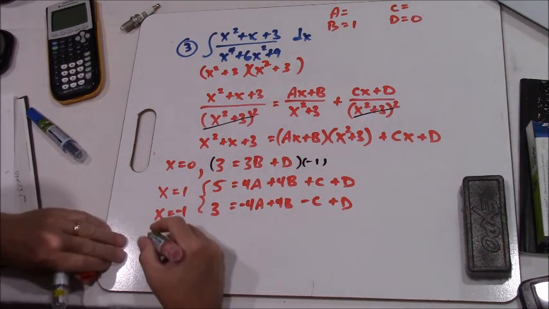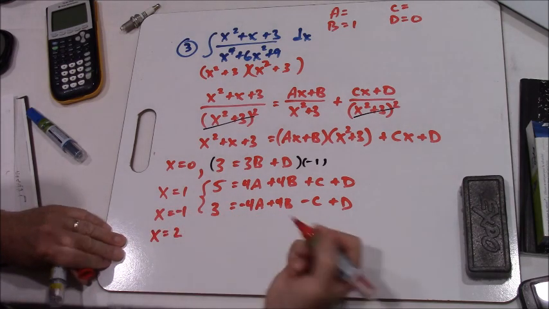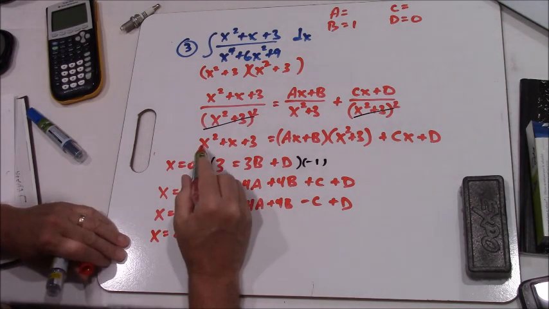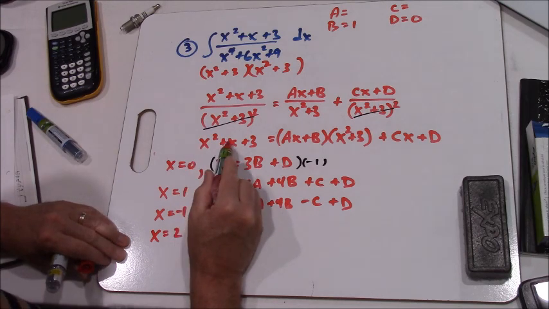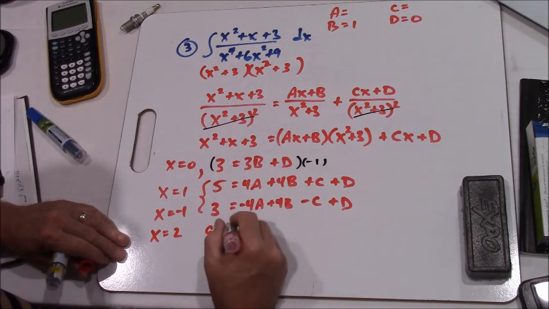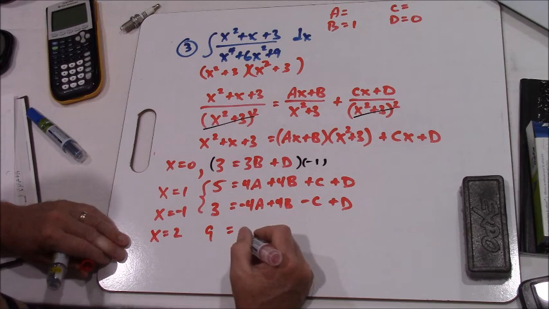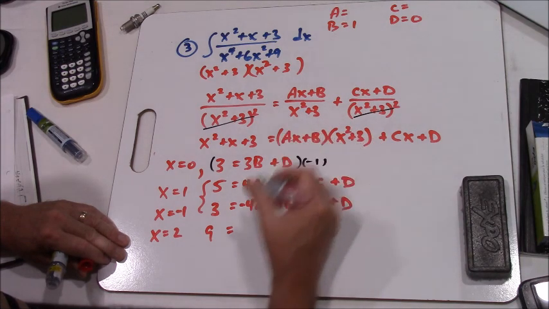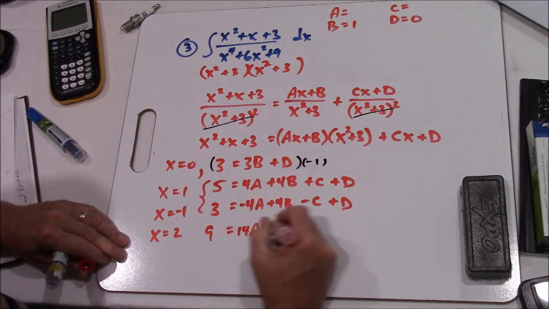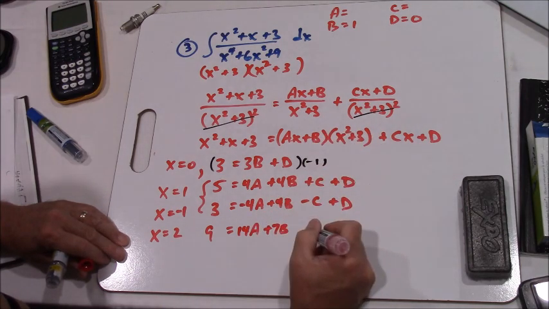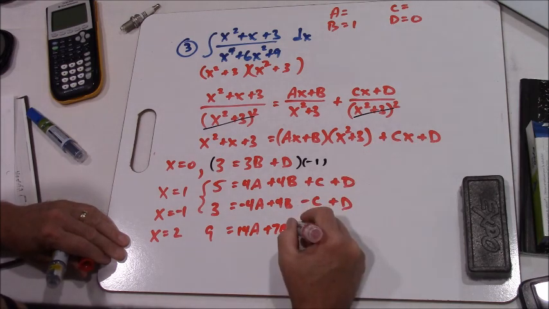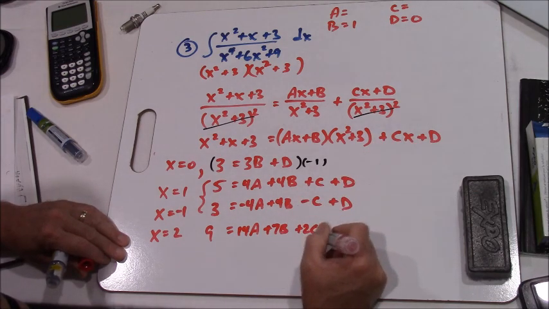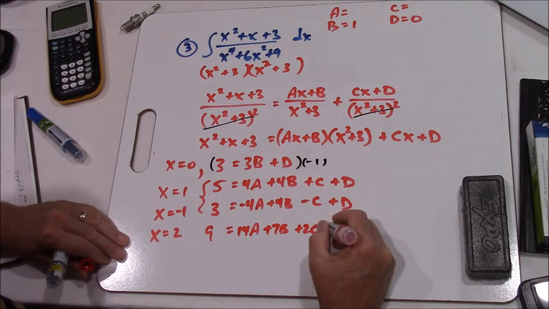And let's say if x equals 2, that's the next easiest number. So that would be 4 plus 2, that's 6, plus 3, that's 9, equals, if I put a 2 in here, I get 4 plus 3, that's 7. 7 times 2a, that would be 14a. 7 times b, and let's see, we've got a 2 here, so that's plus 2c, and plus d.